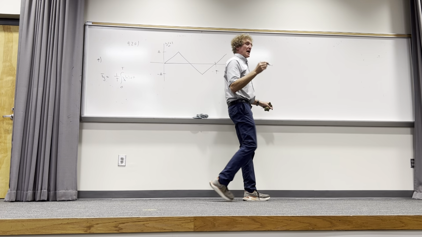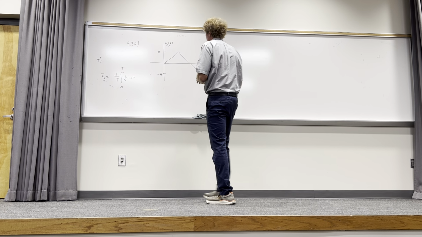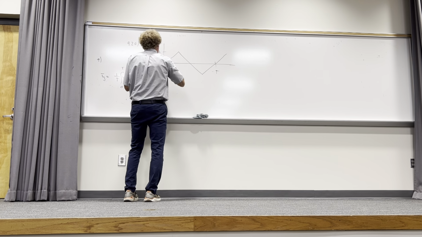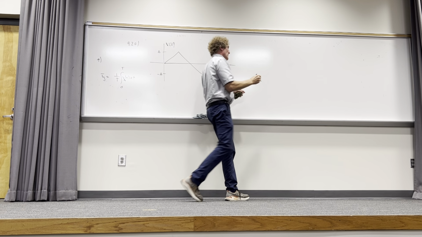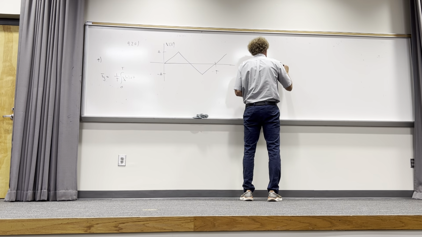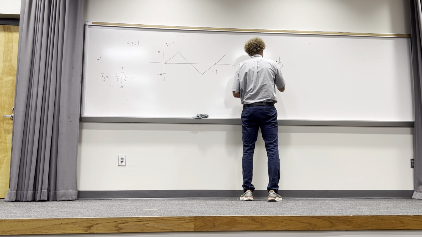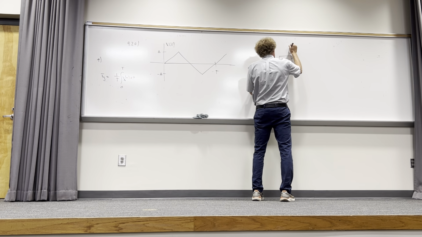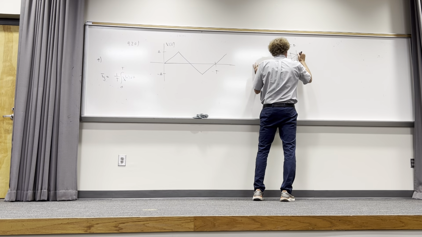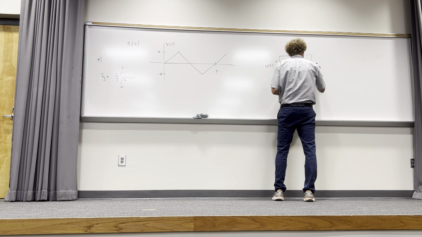So if that was the waveform, then that would be a voltage waveform, and I'll call it V of T here. And I let this V of T be here. And then I put a simple diode like this, make it an ideal diode too. And I put a resistor here.